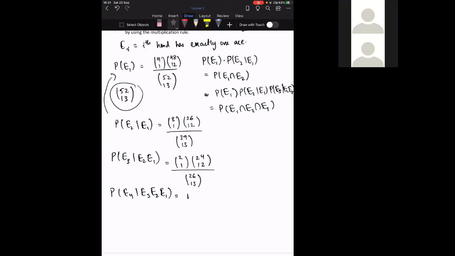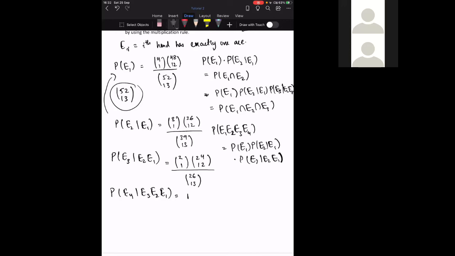The same rule applies for the fourth as well. So we just find the intersection of all 4 events by multiplying the values we just found, multiplied by E3 given E2 E1.